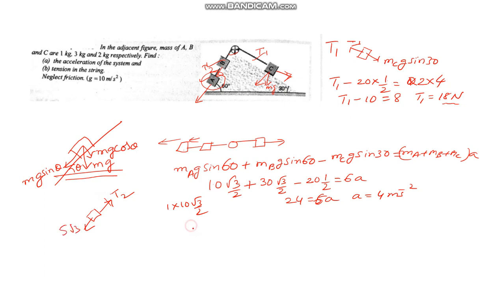So 5 root 3 minus T2, because you can see that the block is moving in the downward direction. So 5 root 3 force must be more, minus T2 is equal to mass into acceleration. Which mass? Mass A, which is 1. 1 into 4, acceleration is 4. So T2 will be equal to 5 root 3 minus 4, these many newtons.